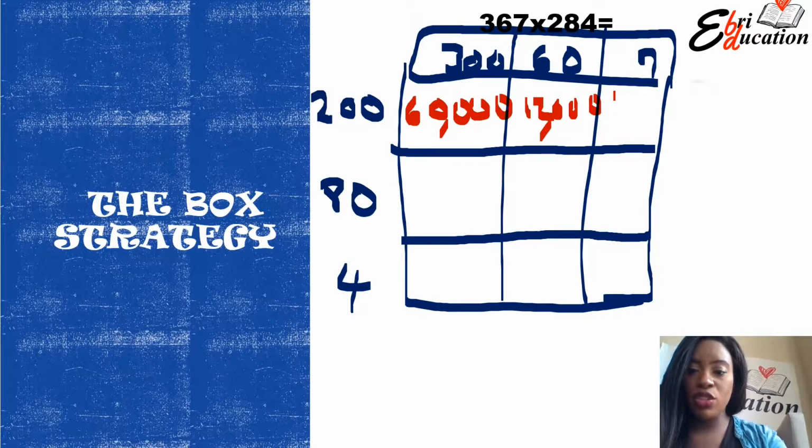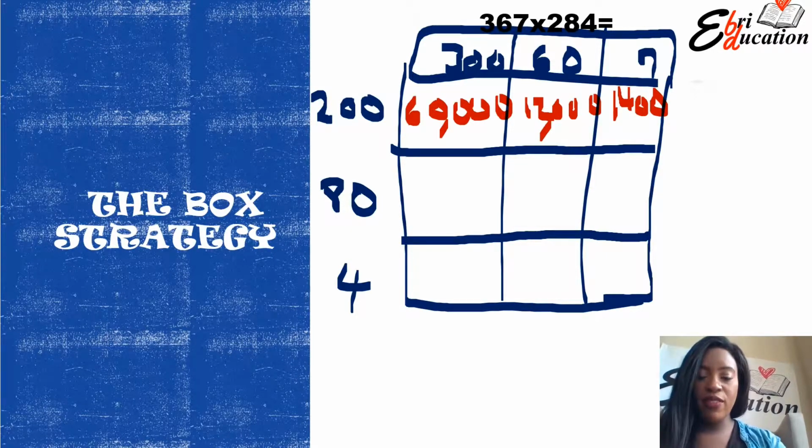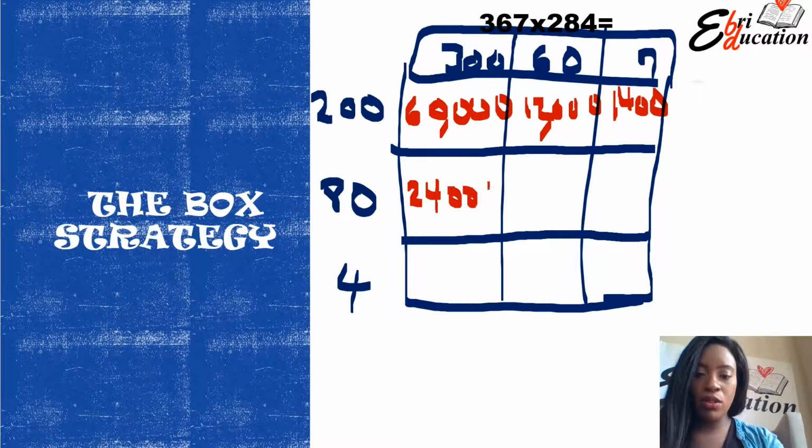I know 2 times 7 gives us 14. And when you add those 2 zeros, that gives us 1,400. Next we have 3 times 8, which gives us 24. Add those 3 zeros, which gives us 24,000. Next we're going to do 80 times 60. I know 8 times 6 gives us 48.